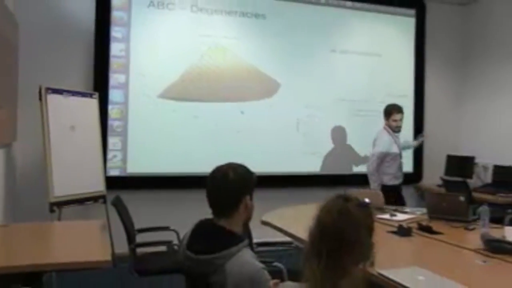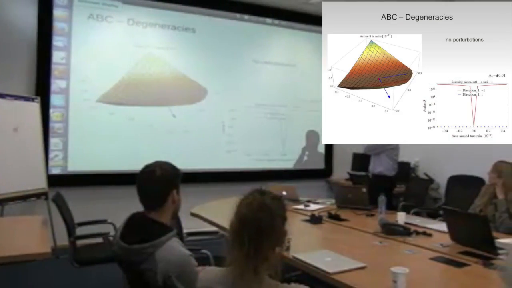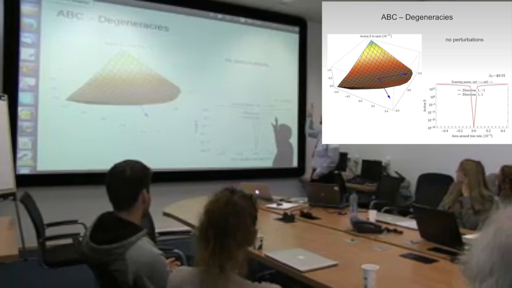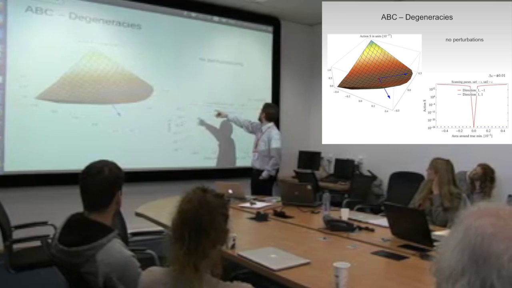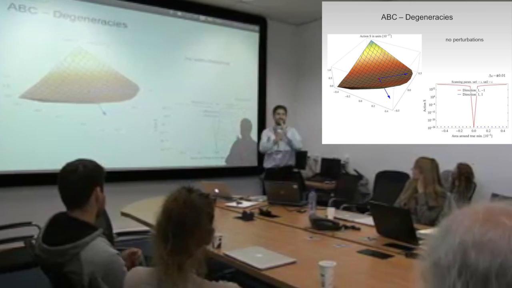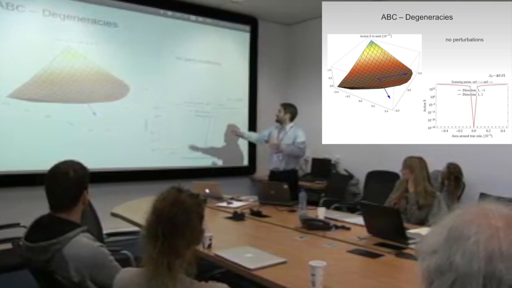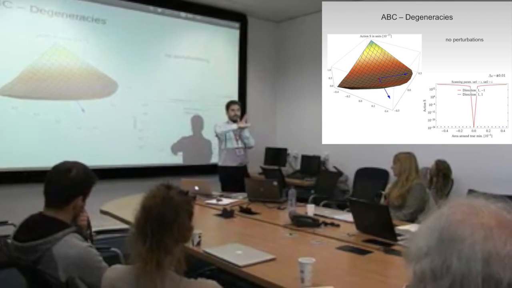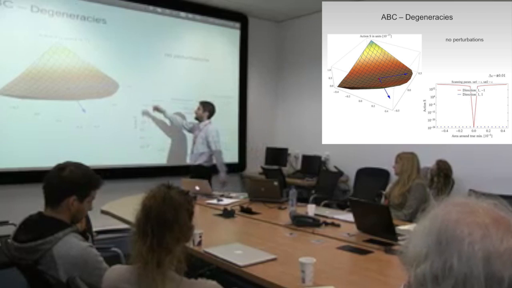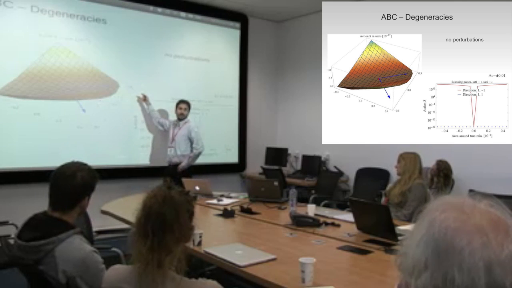This is maybe an easier way to show you how it works. This is without perturbations. This is the two-dimensional scan of the action for inclination. So you have two orbits. And you can see that if you change both inclinations in the same way, like this, you get a value which is flat and very long.